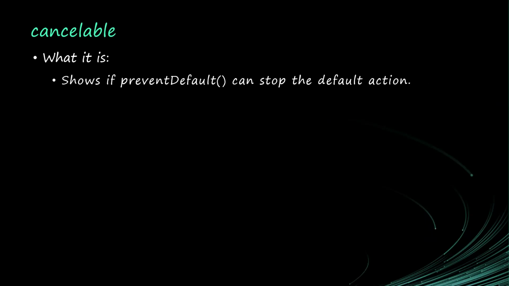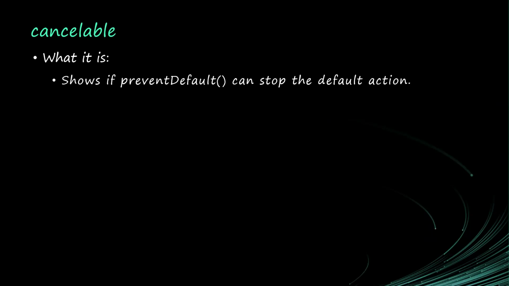So we also have another one, cancelable. When you say cancelable, it shows if preventDefault can stop the default action. I don't know if we have talked about preventDefault. I think we mentioned it in the last section. But whenever you call e.preventDefault, it will prevent the default behavior of that element. The default behavior of an anchor tag is to take you to another web page.